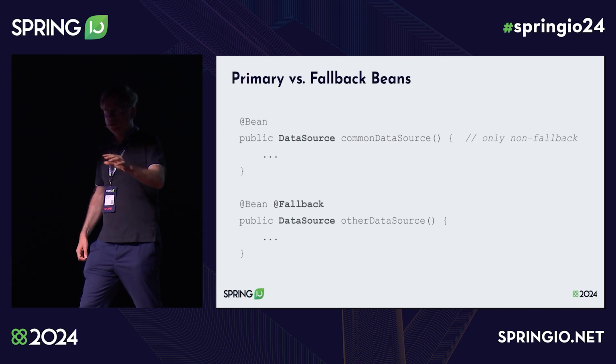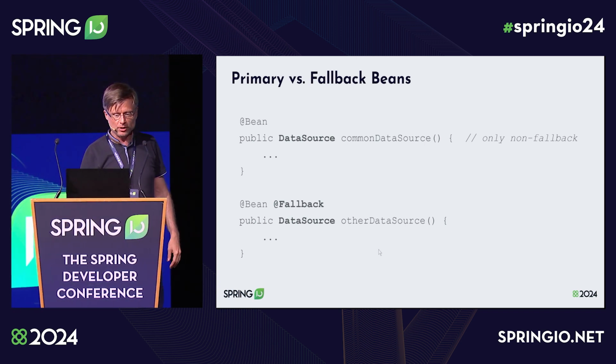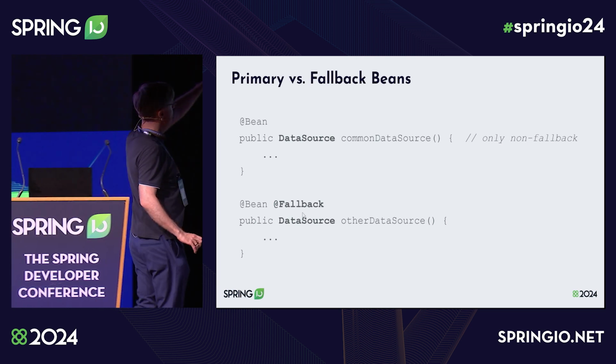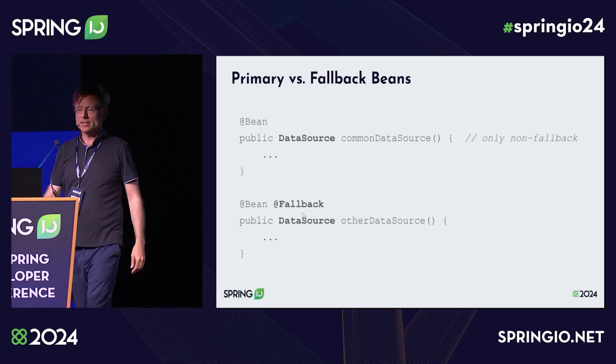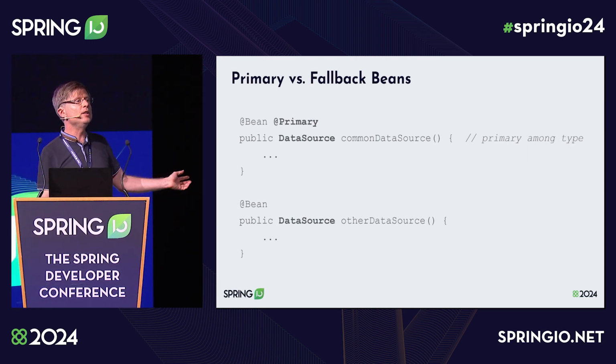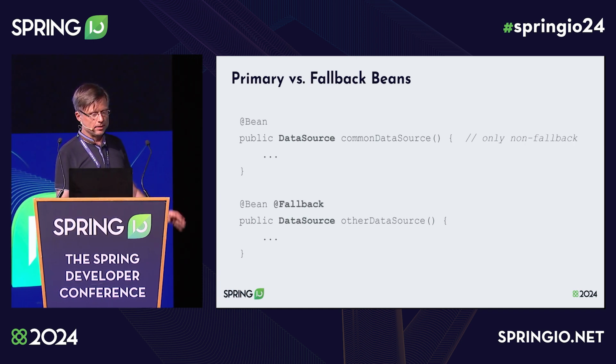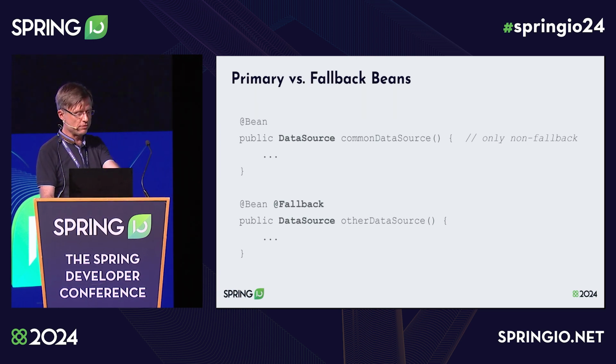So you are in control of the other data source definition down here. You can add a fallback annotation there, whereas you are not able to touch the one above. So it's a very simple inversion of the flagging. There are quite a few issues on the issue tracker, so there has been a lot of discussion around this. It took a number of years to arrive at this.